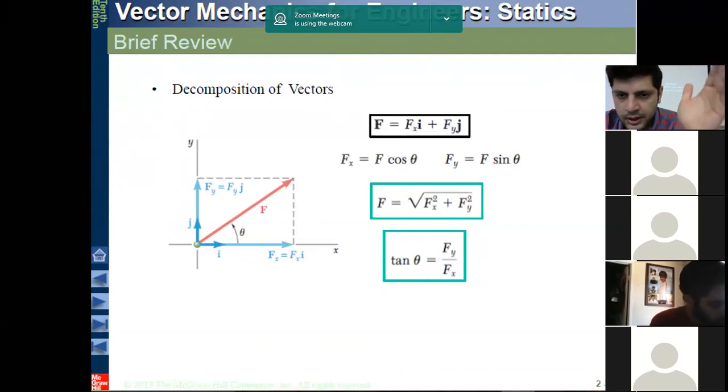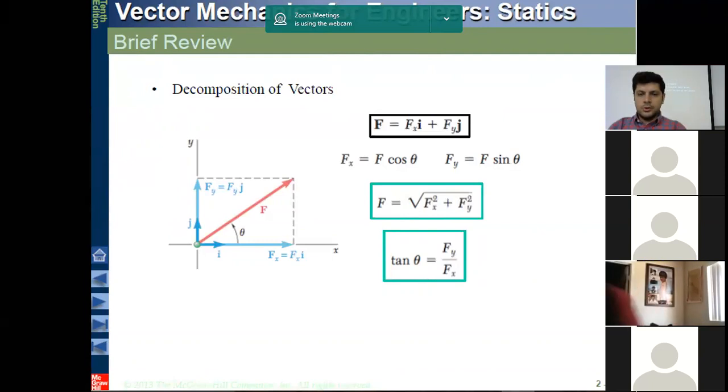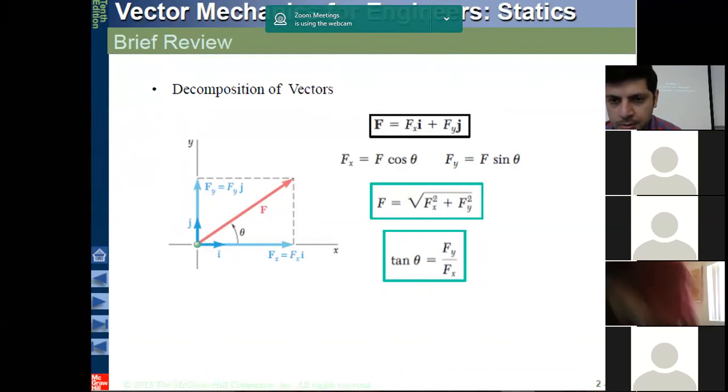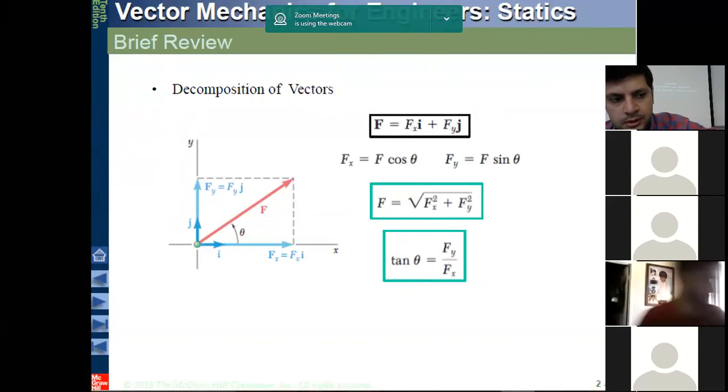So if you have a vector f, then you have to draw x and y directions on the space, as you can see on the left side, and so you would get an angle between the vector and the two directions. So here theta is the angle between f and the x component, and so you multiply the magnitude of your vector by cosine of theta and sine of theta to get the x and y components.